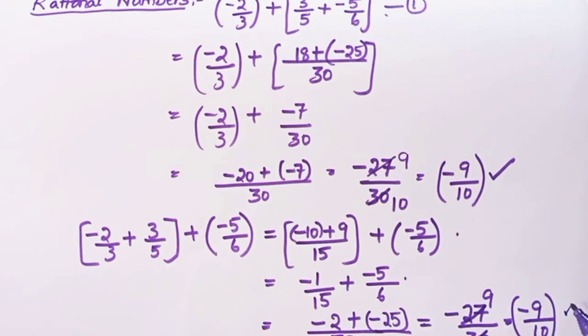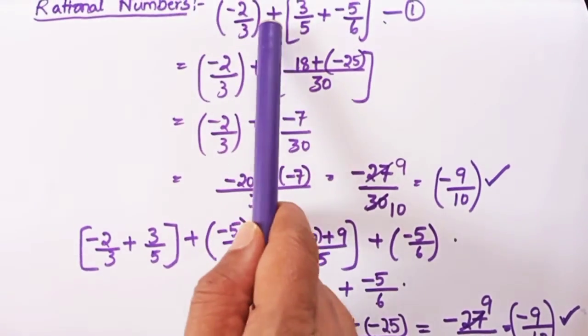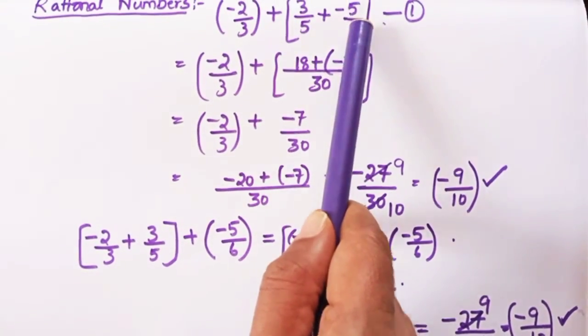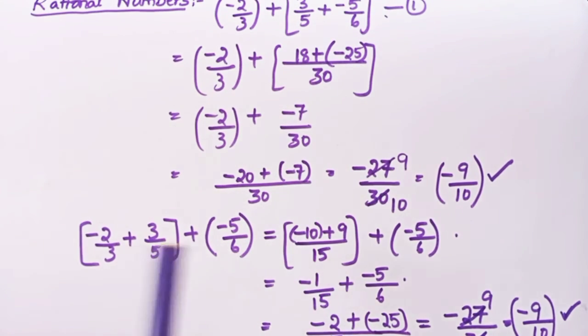So what can you say from this? Addition is associative for rational numbers. Why? A plus B plus C is equal to A plus B plus C. Understood? With this we completed the verification of addition under associativity.